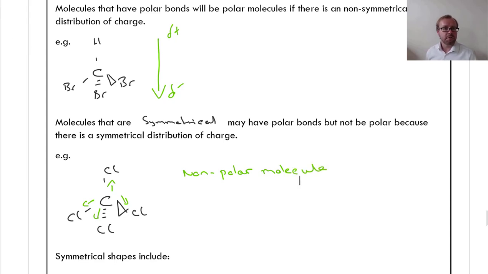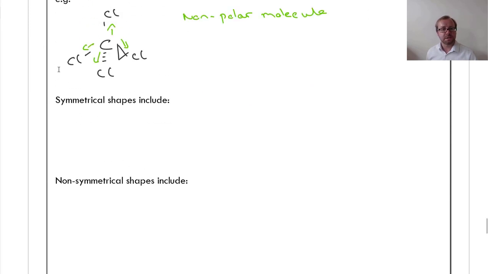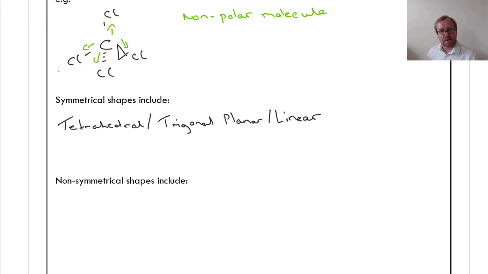Okay, so we're talking about symmetrical shapes and non-symmetrical shapes because it does give you some idea of how to work this out. So symmetrical shapes include tetrahedral, trigonal planar, and linear.